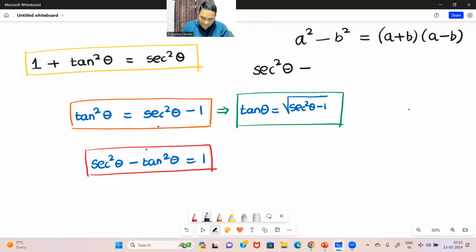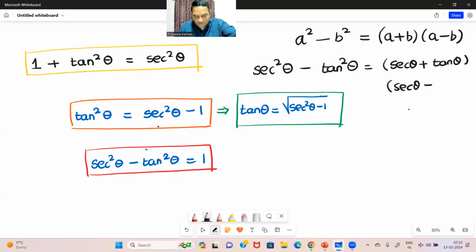Secant square theta minus tan square theta. That you can write it as what? Secant, okay. So the root, square goes. Understood, no? So you're also here, you're seeing, right? Are you understanding this?